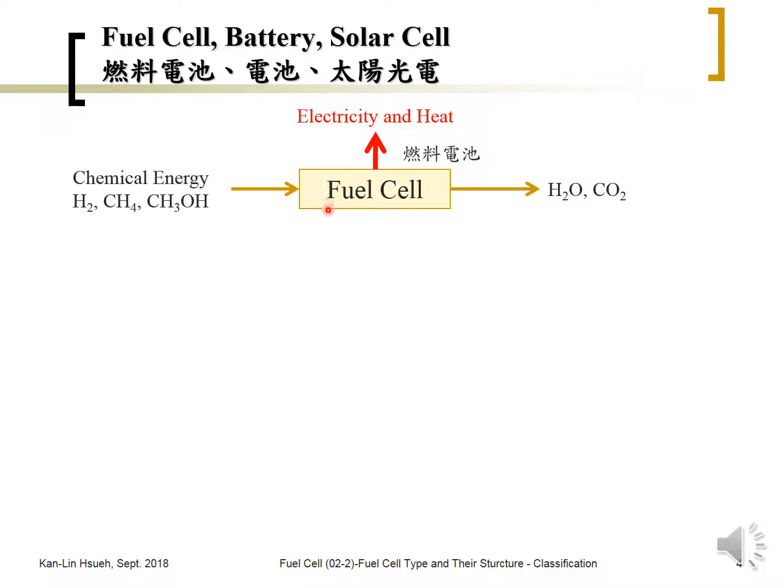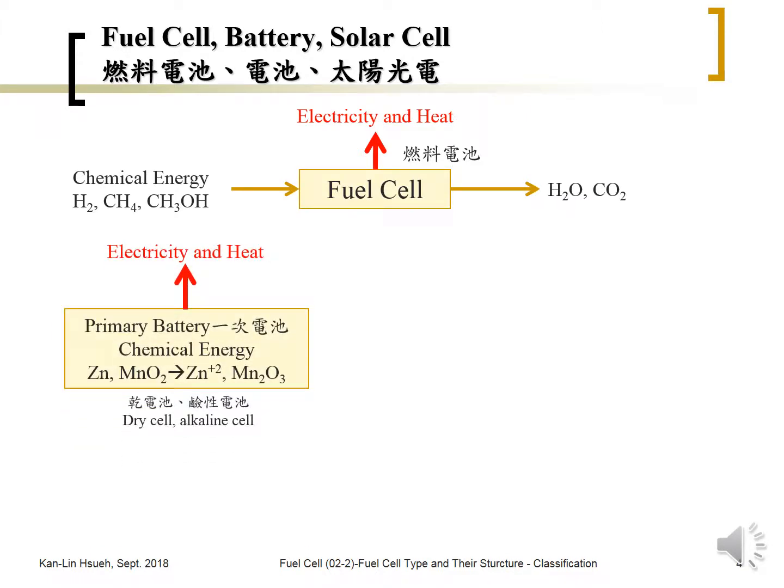So this is like an electrochemical power generator. As long as you feed fuel in continuously, it will always generate electricity and heat. For the battery, it's different. In the battery, the active material like zinc or manganese oxide is stored as a part of the electrode.